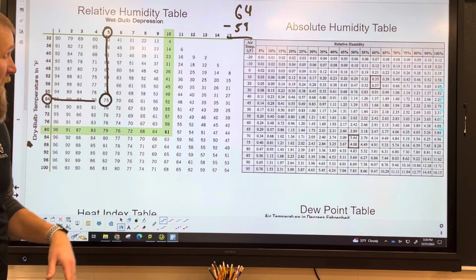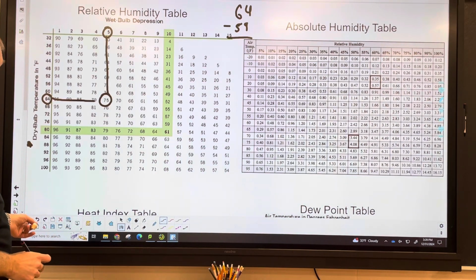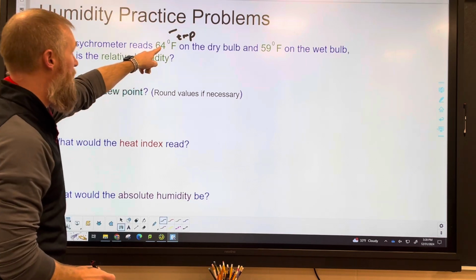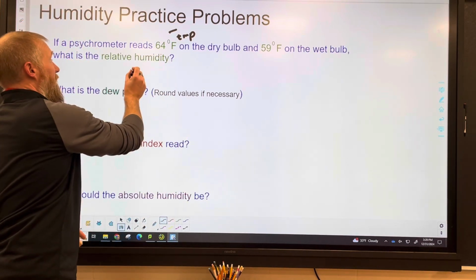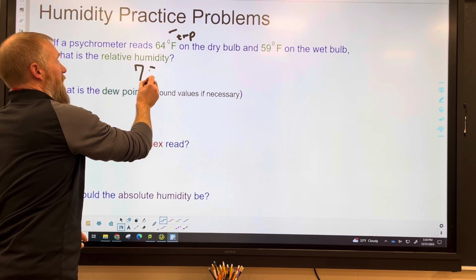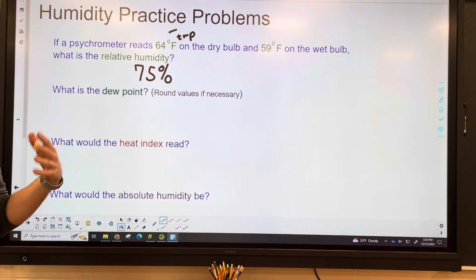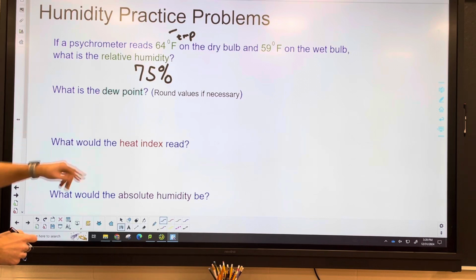It's actually a higher number than last time, but remember, lower temperatures mean the air just doesn't hold as much. So now we're at 75% relative humidity. What's that going to look like? How full is it? What's it going to feel like?